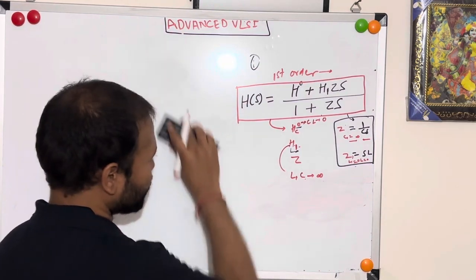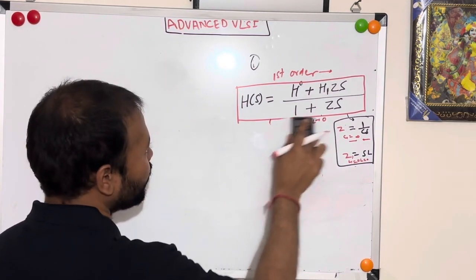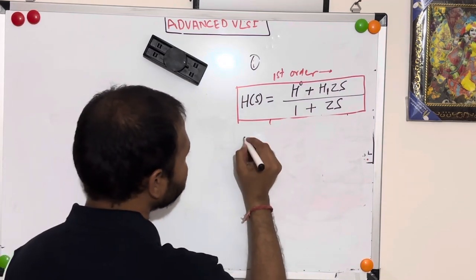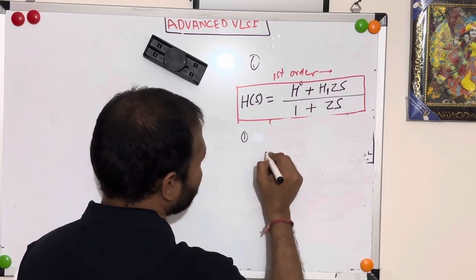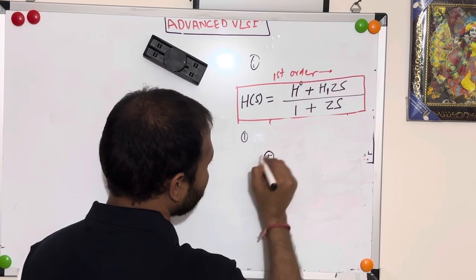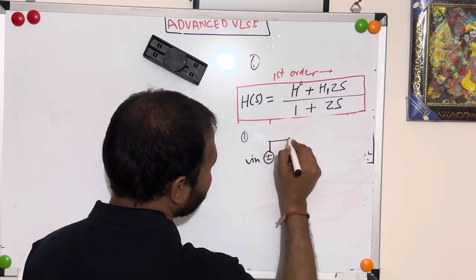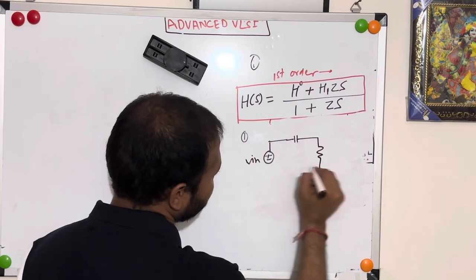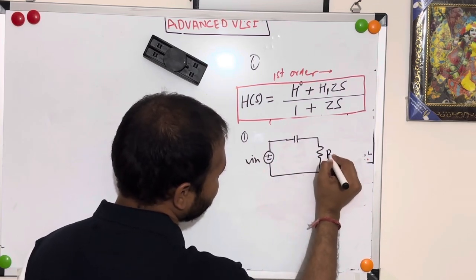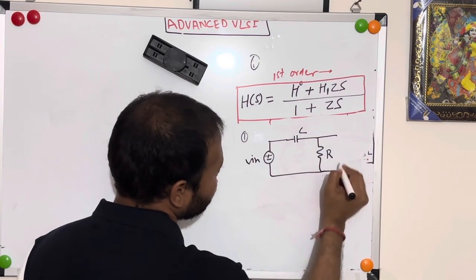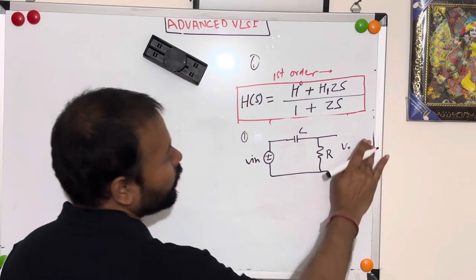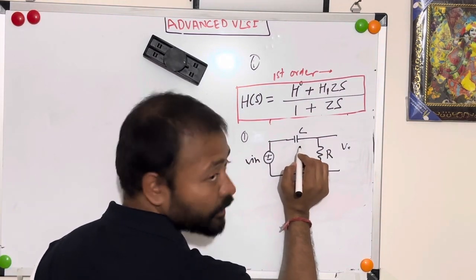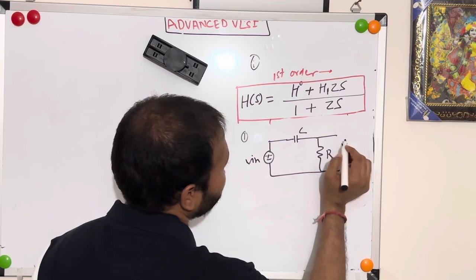We have many questions. Let us find the transfer function for the first question. I will show you. First question: let us suppose this is plus minus V in, this is a capacitor and this is a resistance R. So we think this is a high pass filter, correct?